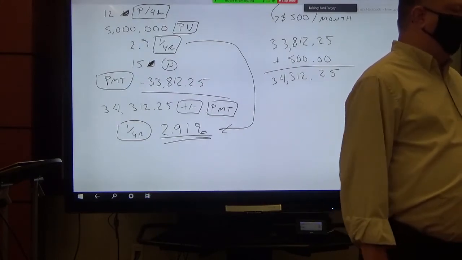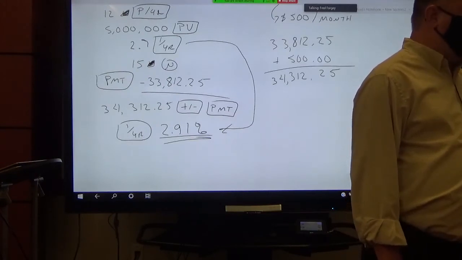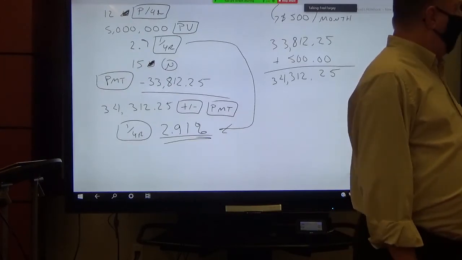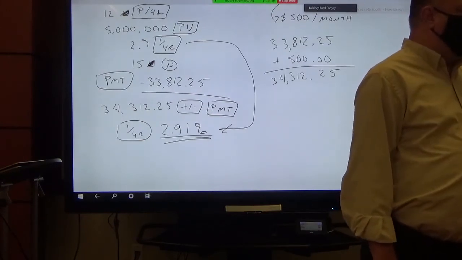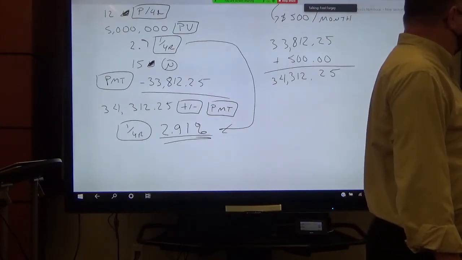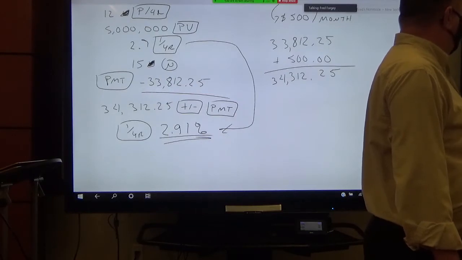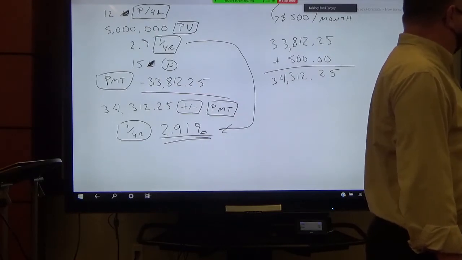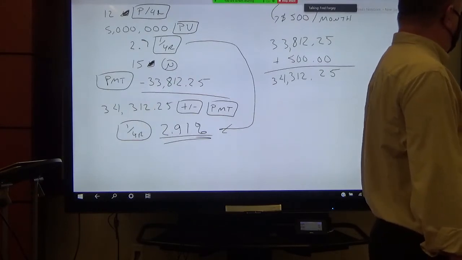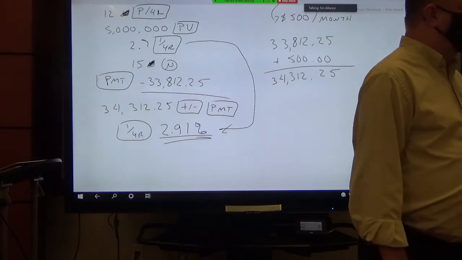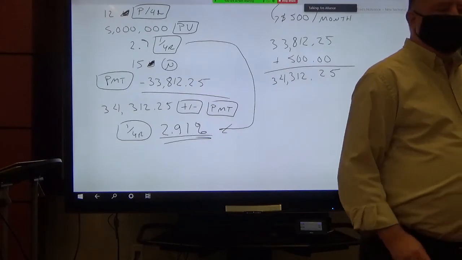If you're selling it after, let's say, 3 years, the lender's only going to get 3 years' worth of that $500 a month. So you would find out what the balance is going to be at the end of the 36 months. Okay, all right.